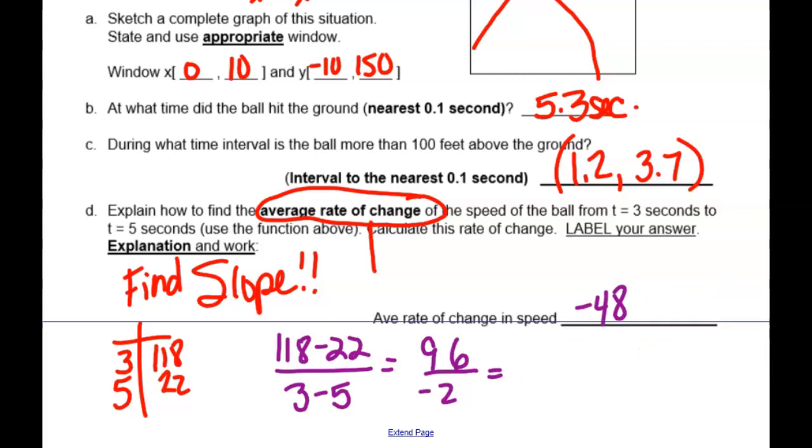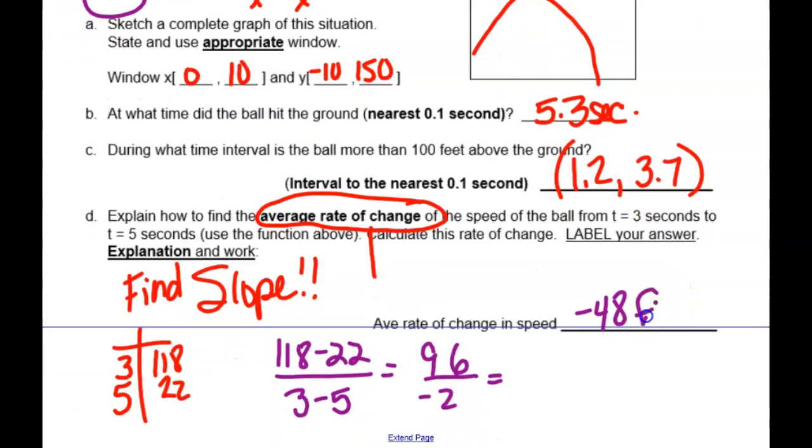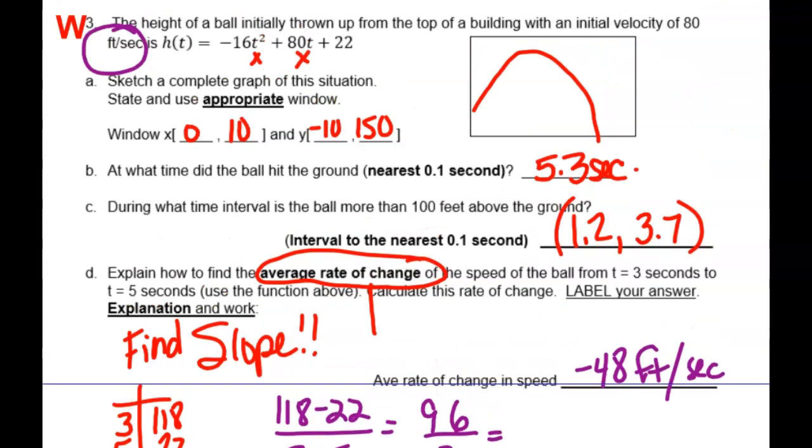Anybody read the whole question? Right up here, it said feet per second. Why did mine turn out negative? Second 3 and second 5 are somewhere over here. And what is it doing between those? It's falling, right?